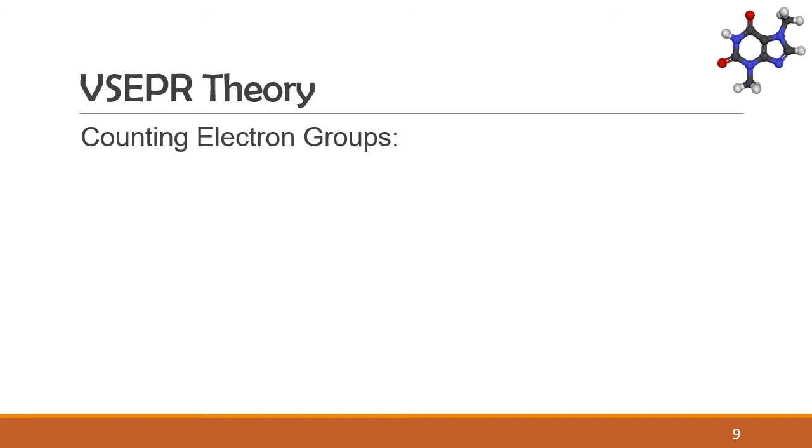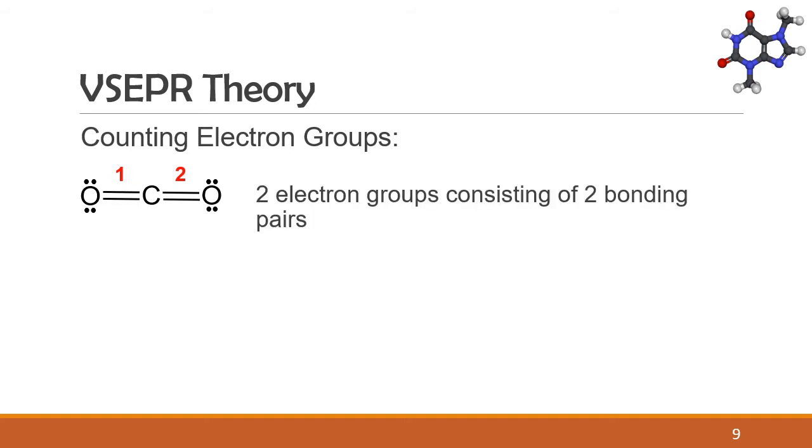Let's look at the central atom in the carbon dioxide molecule. Carbon forms 2 bonds with 2 oxygen atoms. Each double bond is counted as one electron group. So, carbon dioxide has 2 electron groups made up of 2 bonding pairs of electrons.